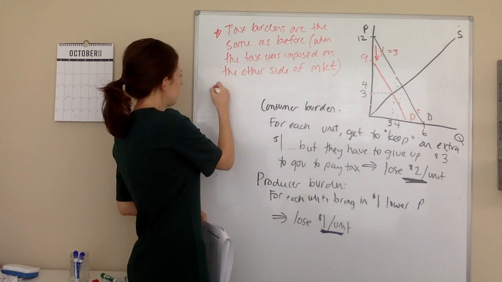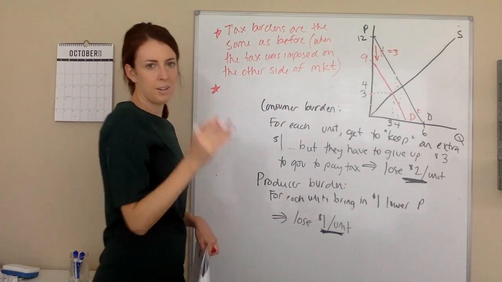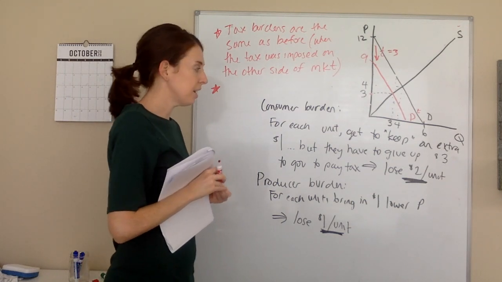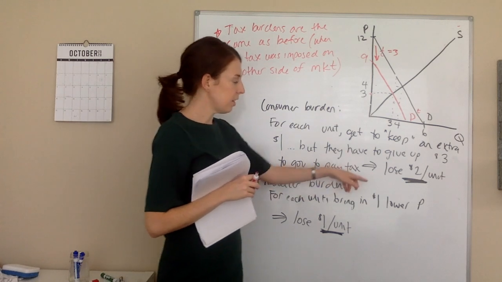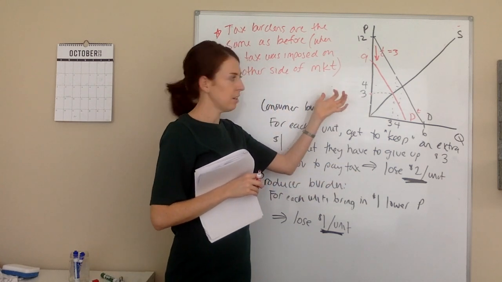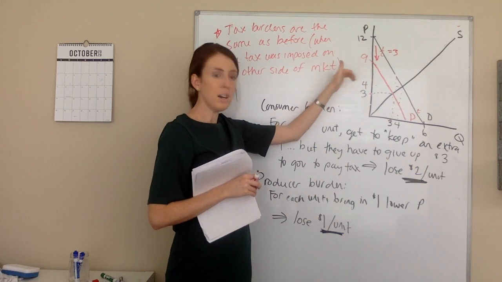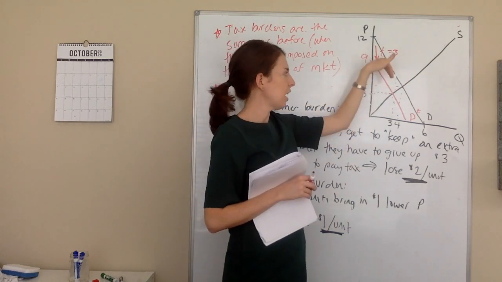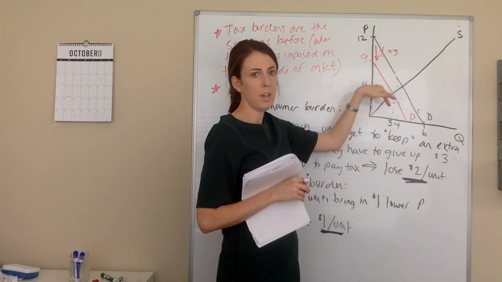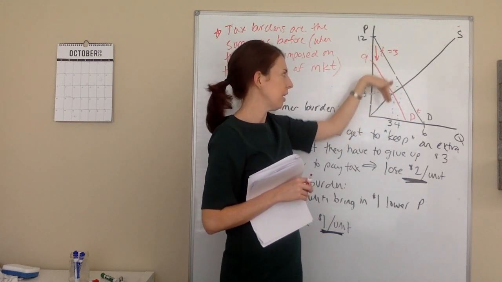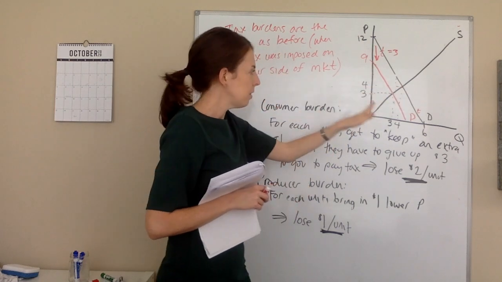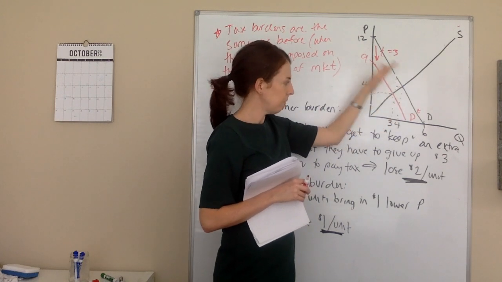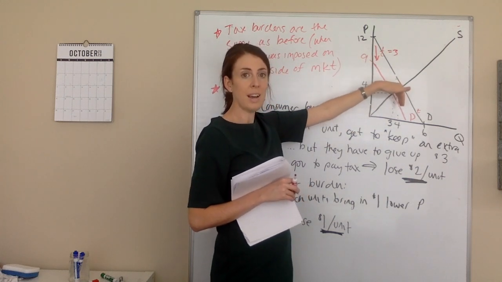And the second thing to note is something that I've already noted in the previous example. Just recognize here that the side of the market that had the more inelastic response was the side that had the bigger burden. Because we didn't change the structure of the supply and the demand, we just moved it up and down, the demand in this situation is still more inelastic.